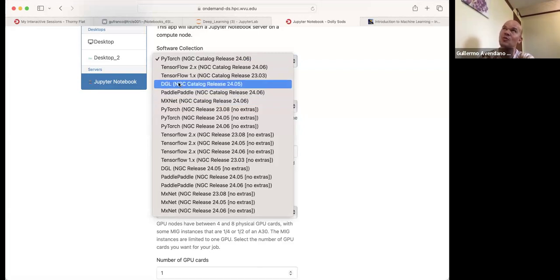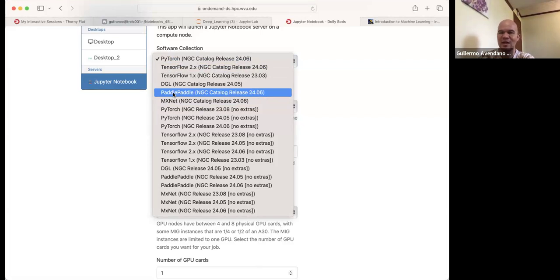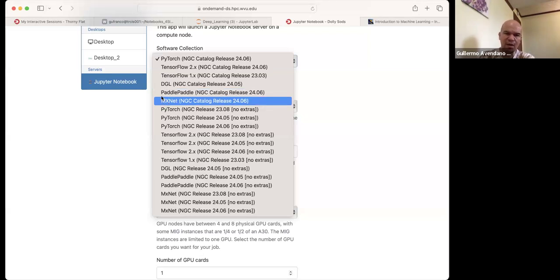I think it works on top of PyTorch. I'm not super sure, but it could work with multiple engines, though they prefer that special kind of neural network. Paddle is an Asian framework. I think the developer is Baidu, which is a popular company in China.